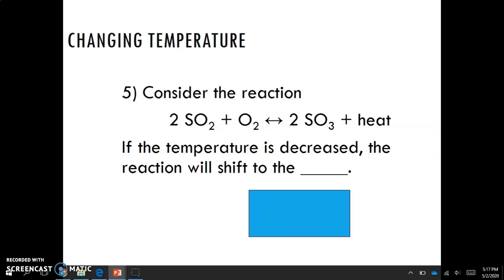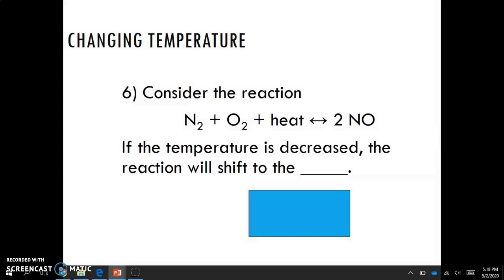If the temperature is being decreased, we're going to want to shift to where the heat is going to be increased in the surrounding area, because we want to shift in the opposite direction. Because this is an exothermic reaction and heat is being released, we're going to shift to the right, okay? So temperature in the surrounding area goes down, and then you have a shift to the right to produce more heat to maintain that equilibrium.